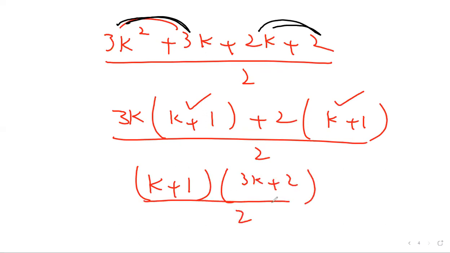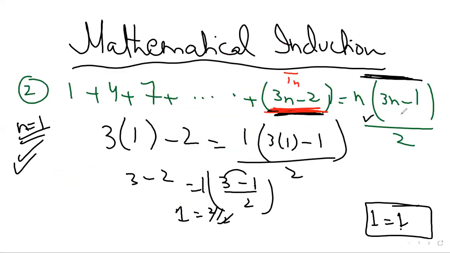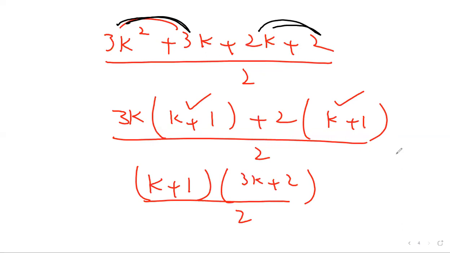Now we need to check whether it has come in the format of the sum. What is the sum? It is here, this one. Just right in front of it and check. What we need to prove is n into 3n minus 1 upon 2, where n will be replaced by k plus 1. Yes, it is here. n will have k plus 1.